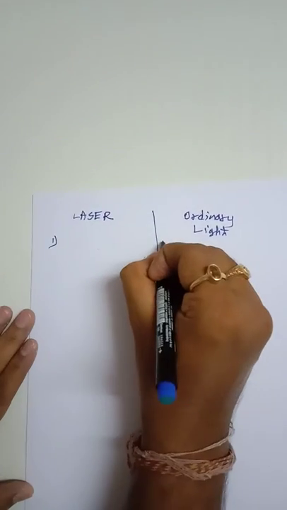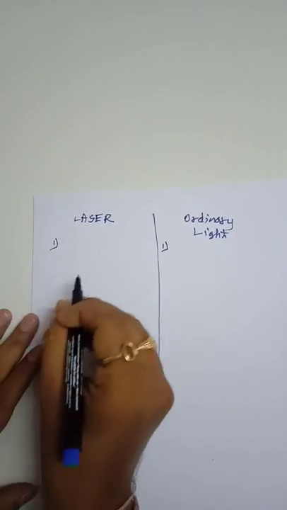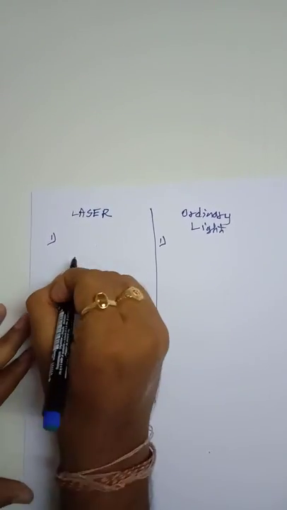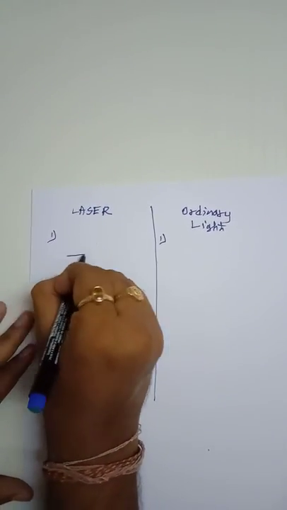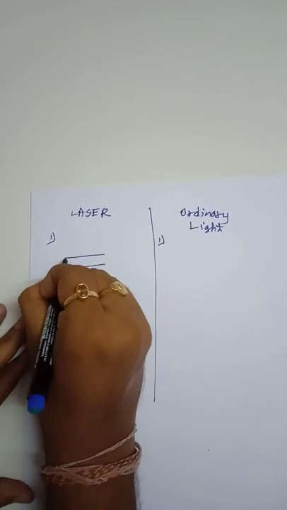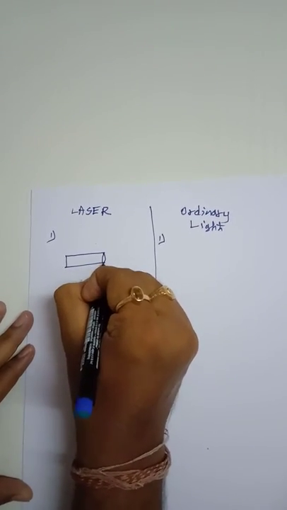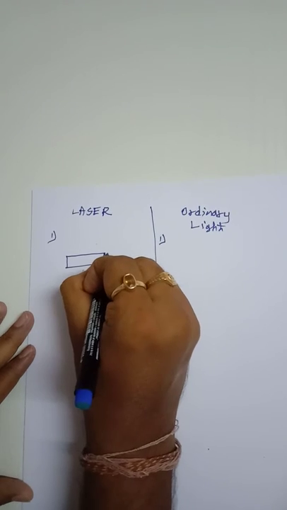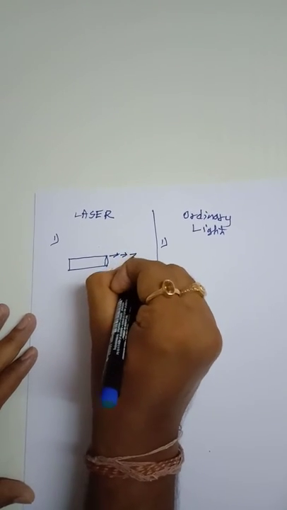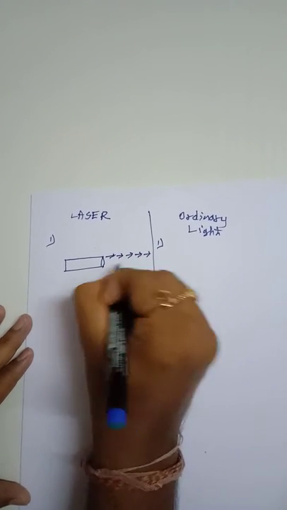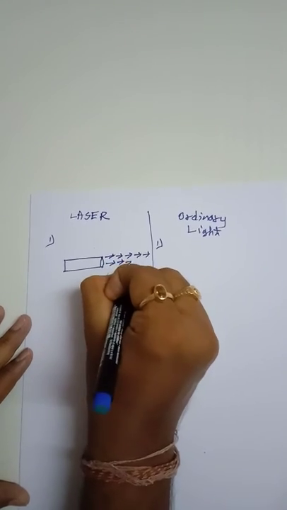First point, from the figure I want to explain to you. Let us say this is the source of the laser beam. There is a lens, there is a source, and it emits light in one direction only. So it produces a highly directional beam.